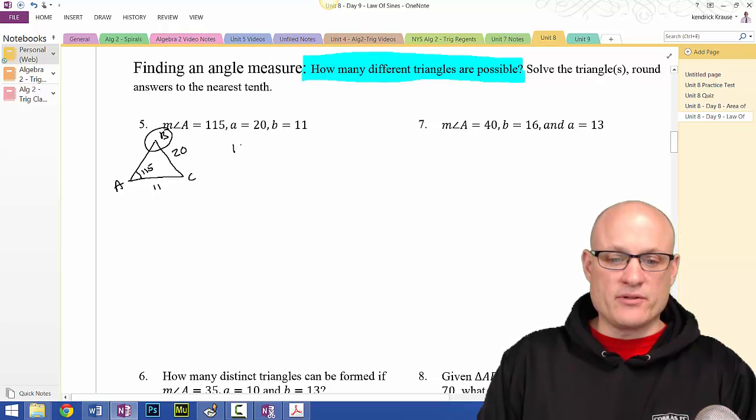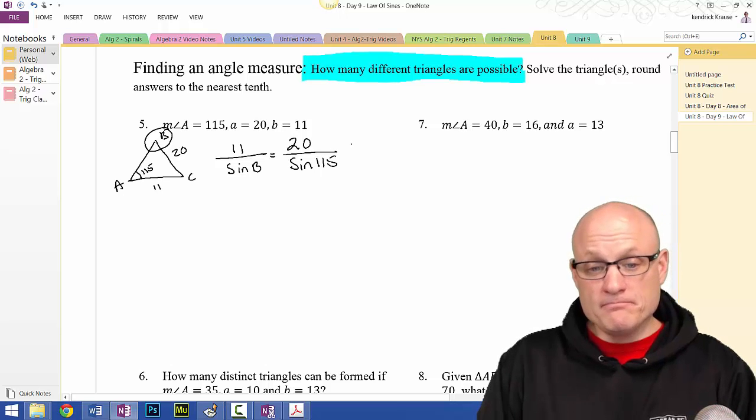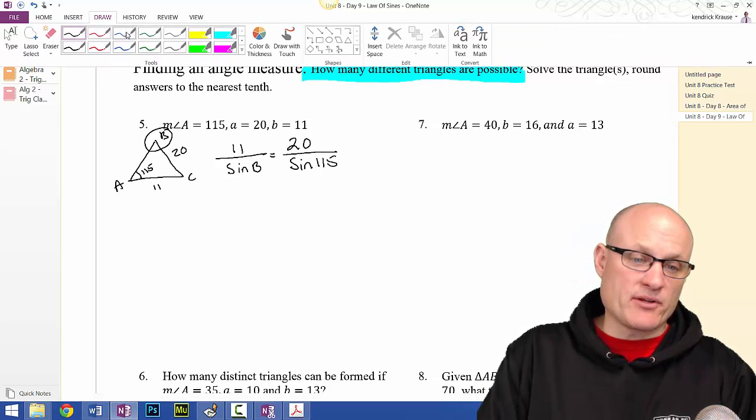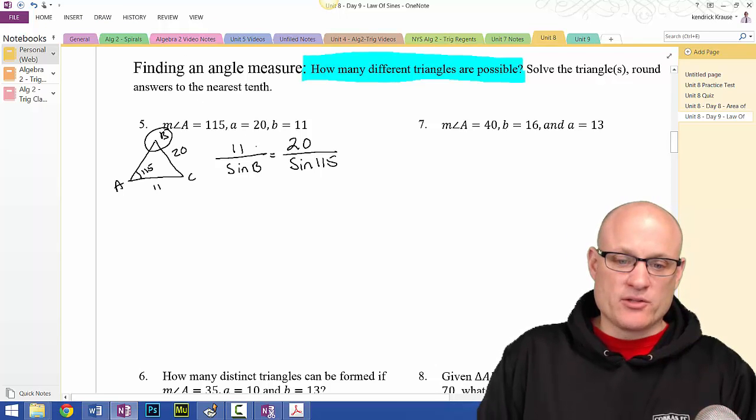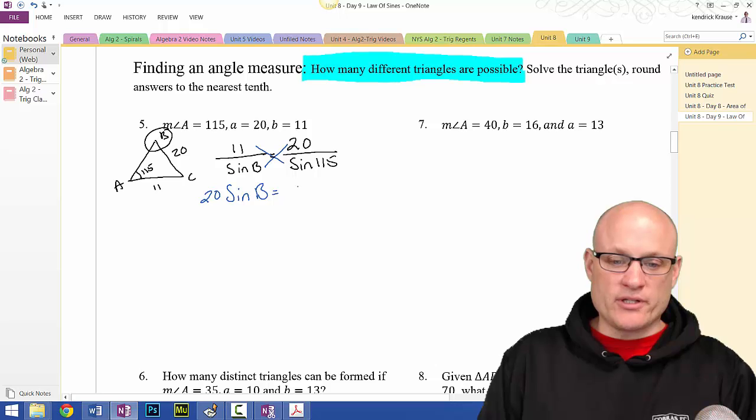So I'll do 11 over the sine of B equals 20 over the sine of 115. Okay, no problem. Grab a different color just to make things fun and fancy. So 20 times sine of B equals 11 times the sine of 115.